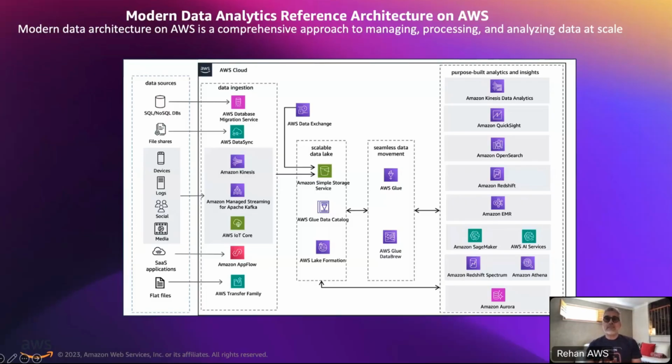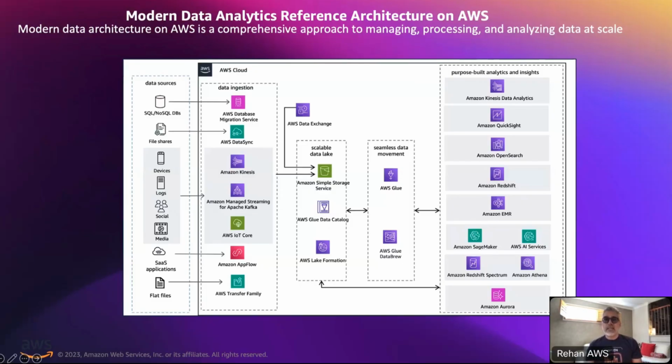OpenSearch Service is for operational analytics. Redshift is a cloud data warehouse, and what it offers is federated queries. So you can query and analyze data across operational databases, data warehouses, as well as data lakes.